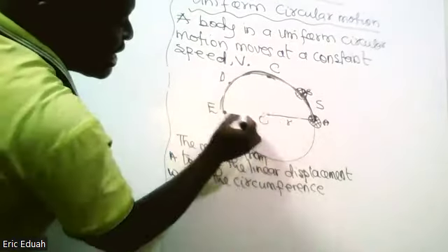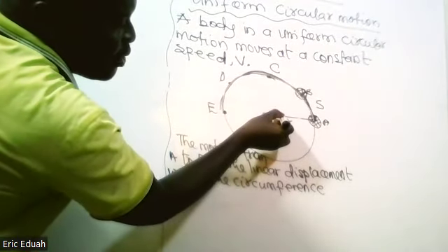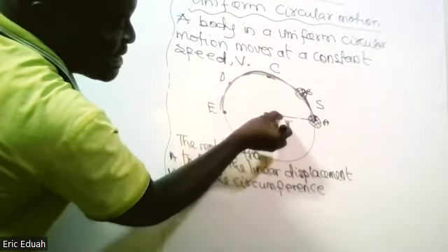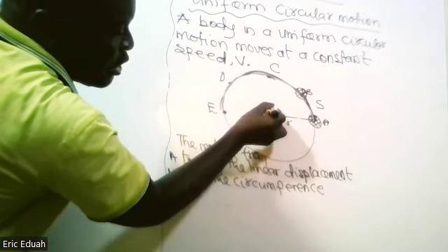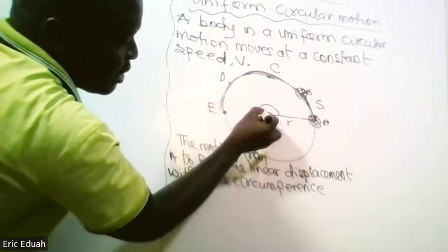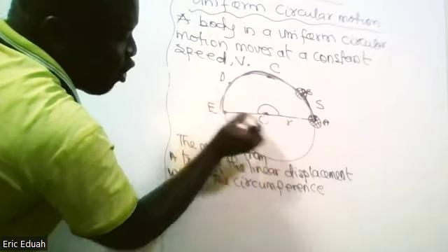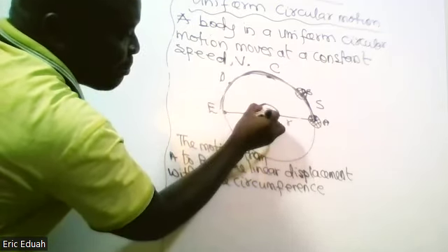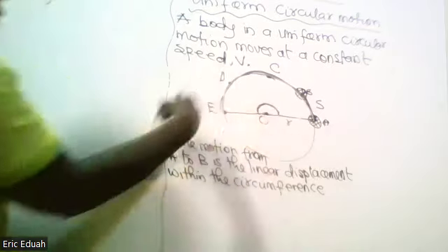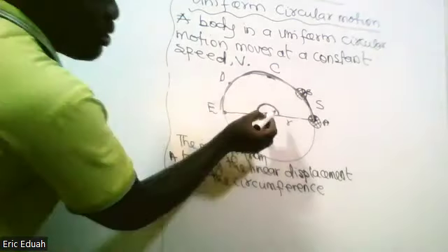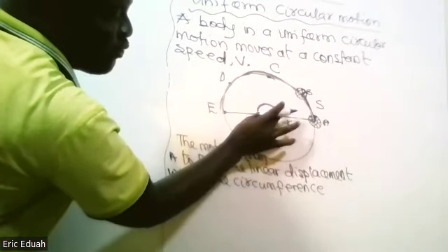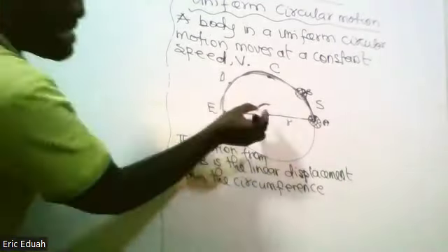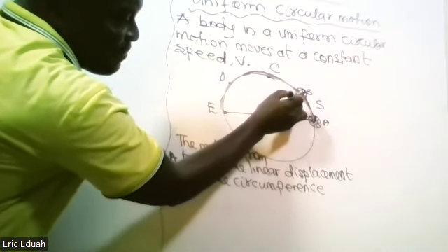But you also realize that the angle swept at the center would be from A to E. So this will be the whole angle that matches the linear displacement. So the greater the linear displacement within the circumference, the greater is that angle swept at the center.